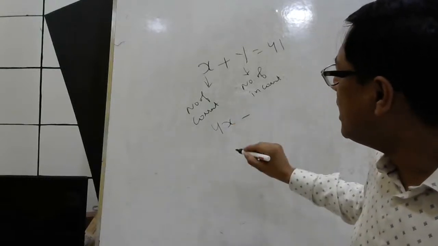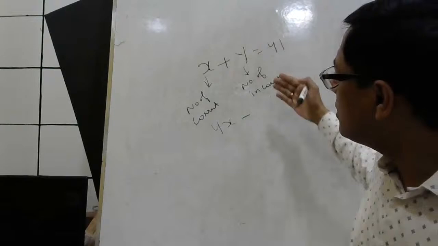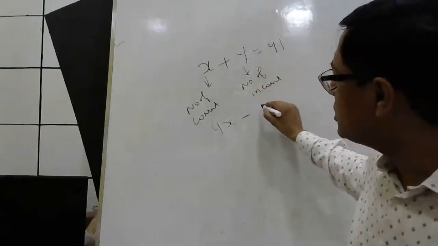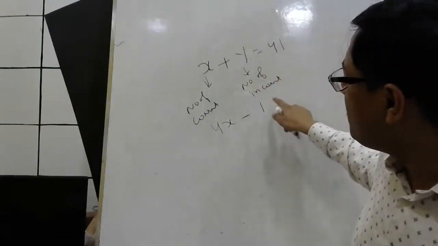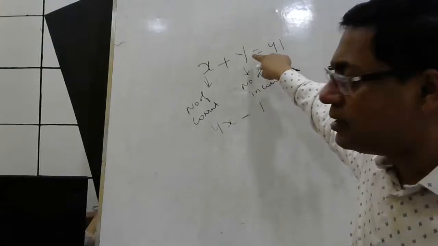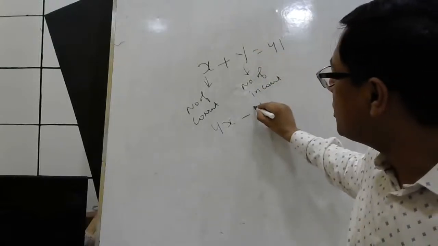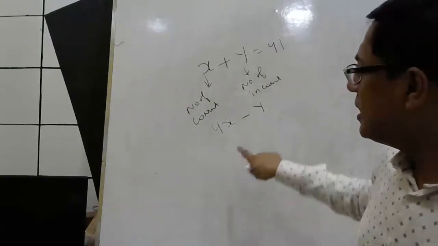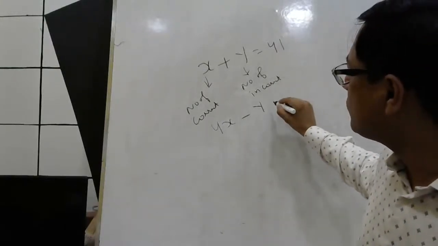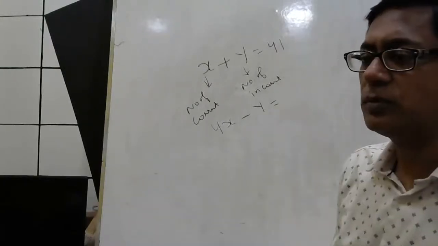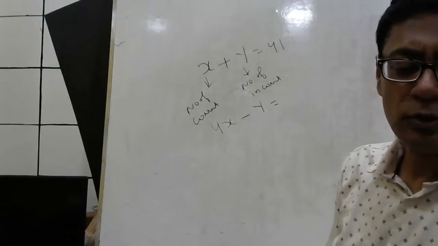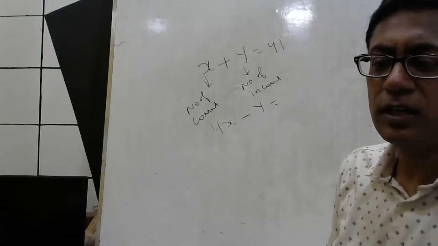And with every incorrect, I'm going to get negative 1 mark. So if there are, suppose, 10 incorrect, I will get 10 minus. So I'm putting 4x minus y. Now 4x minus y should be equal to the options which are given out here.